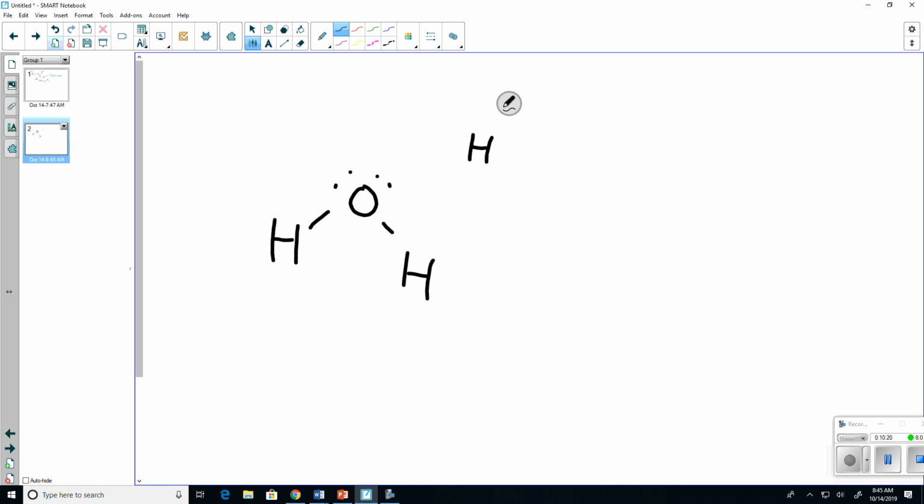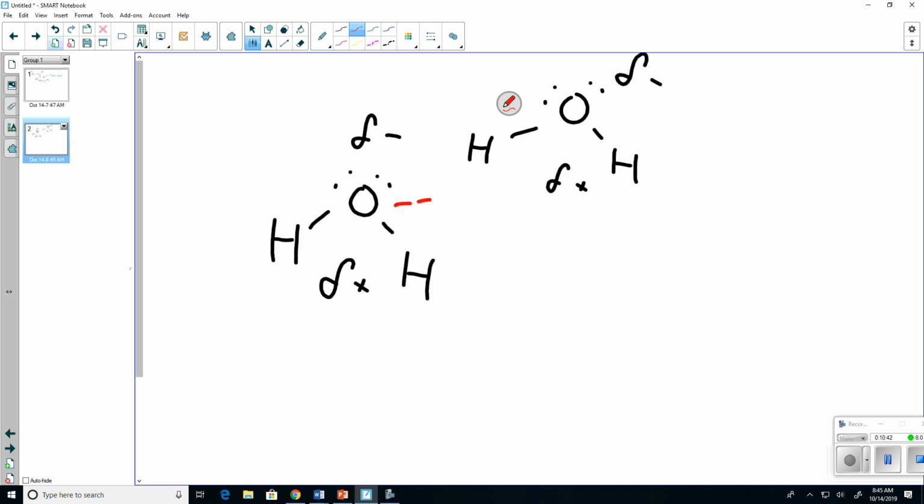If I draw two water molecules, not only does water have a big difference in electronegativity between the hydrogen and oxygen, it also has pairs of electrons in the central atom. That really makes it a stronger dipole-dipole.